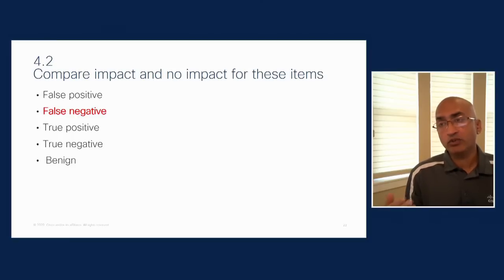For example, if you do a domain lookup, you think there is a malicious domain, and you ask Umbrella, hey, what's the disposition on this domain? Let's say, for example, track.cz.